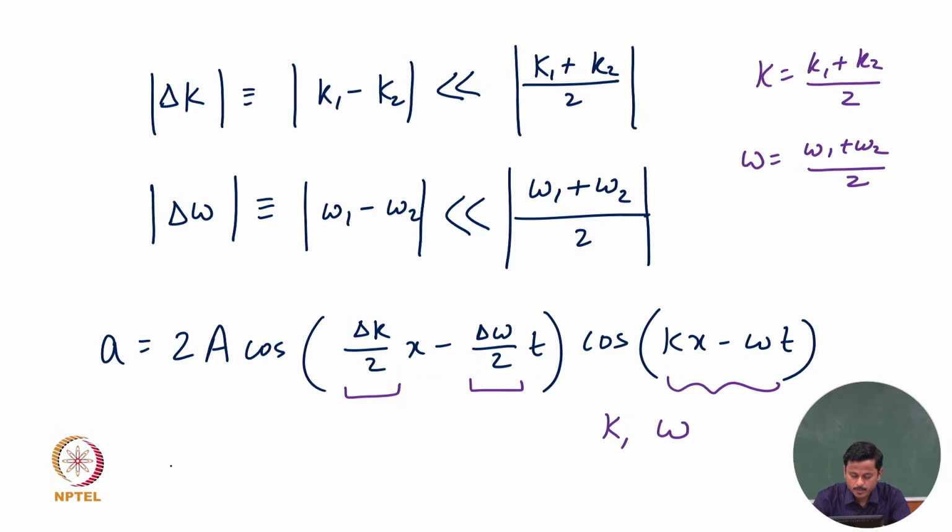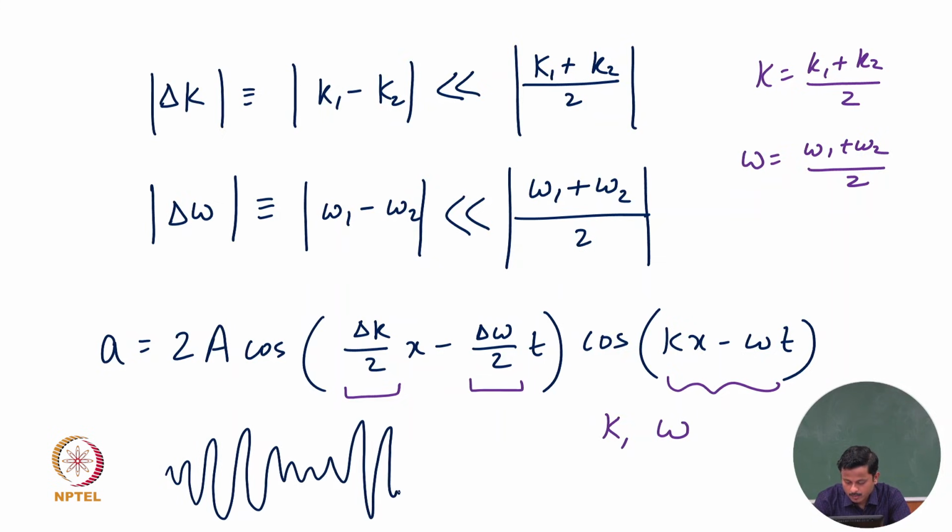Actually, this is not the best way to represent it; this is not to scale. But we see a bunch of waves, and this is something to give you an idea.